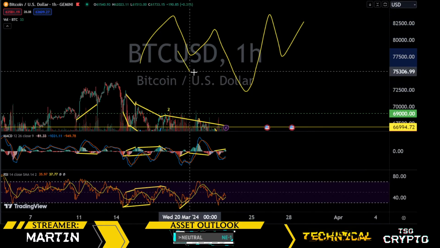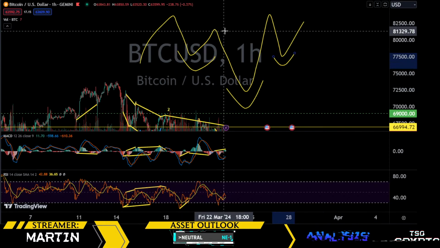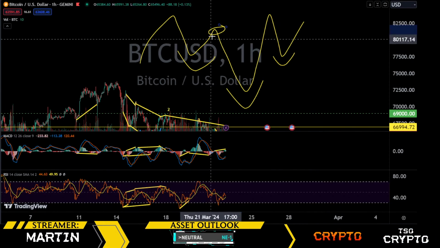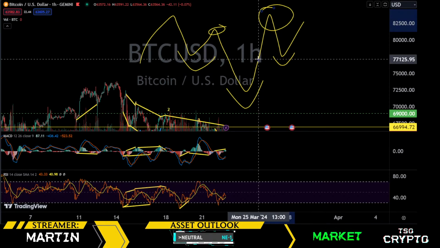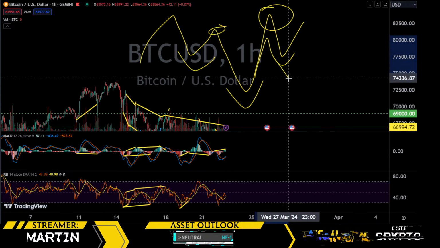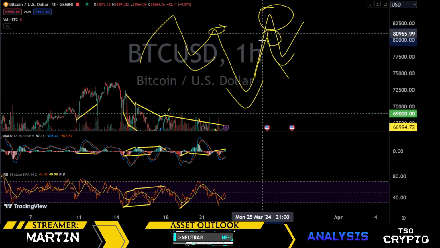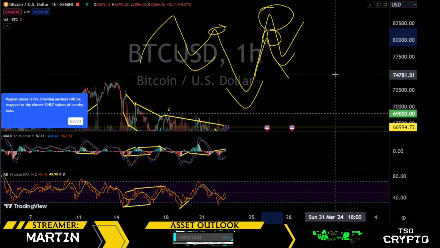At that point you're still creating your inverse head and shoulders, but this spike is lower than the other spike. So just because you have one doesn't mean you have to have the other. It just so happens that sometimes when the second portion is lower, we are developing both, and then you are at a which-one-are-we-going-to-do situation.